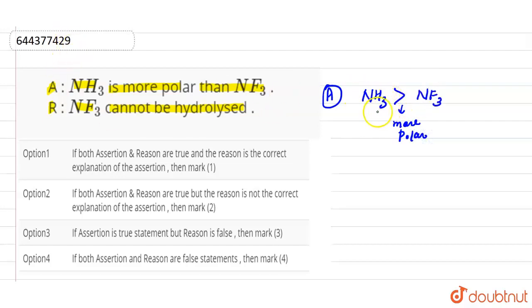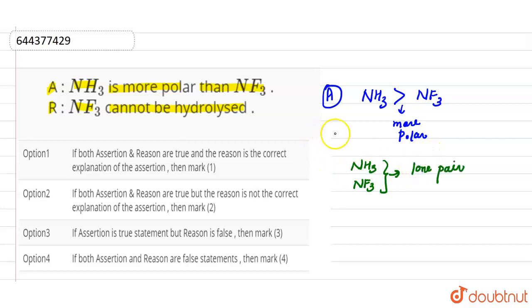If we talk about NH3 and NF3, as we know, both are compounds which have a lone pair, and the lone pair has its own dipole moment. Both NH3 and NF3 contain a lone pair.